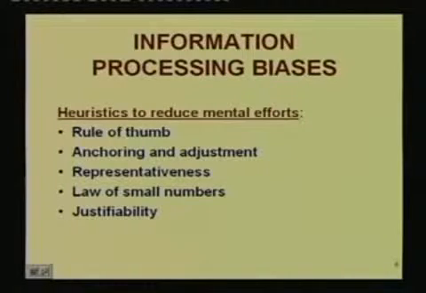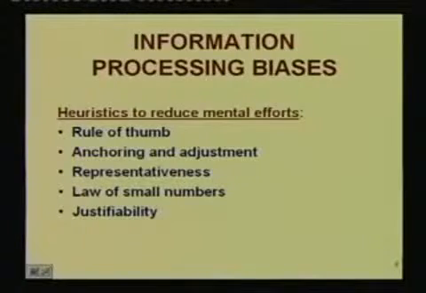Take rule of thumb: you use some measure, maybe an easy calculation, by which you arrive at the particular decision. If there are 5 factors with a lot of different weights, maybe you don't use any one of them, you just take the median value. So it's a kind of rule of thumb.